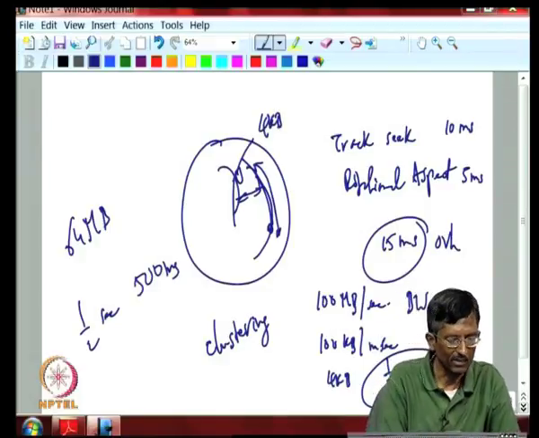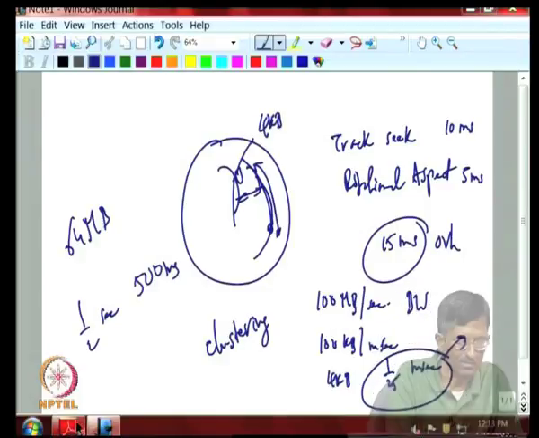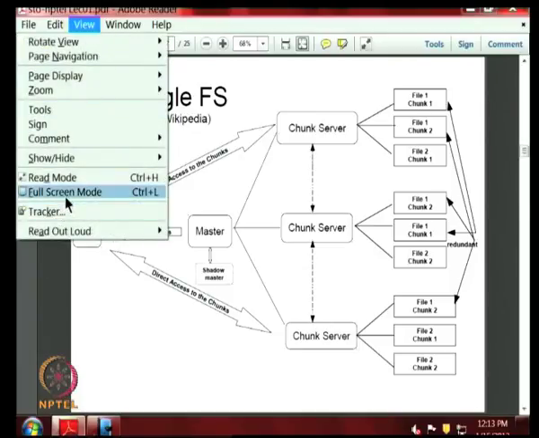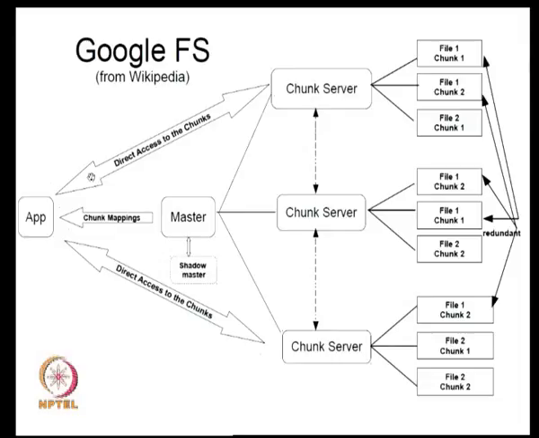Now, basically these things are 64 megabyte chunks, and they are being served through a chunk server. That means that this is a Linux file system here. A chunk server is a server on the Linux system which knows about the locations of these chunks.